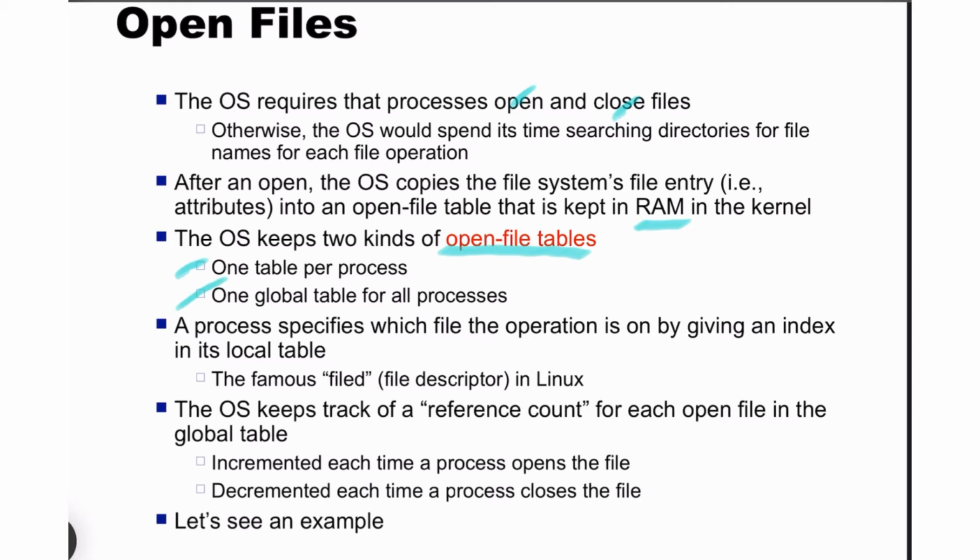The processes specify which files the operation is on by giving an index in its local table, so the famous file descriptor in Linux. Ito po is for Linux. The OS keeps track of the reference count for each open file in the global table, incremented each time a process opens the file and decremented each time a process closes the file.